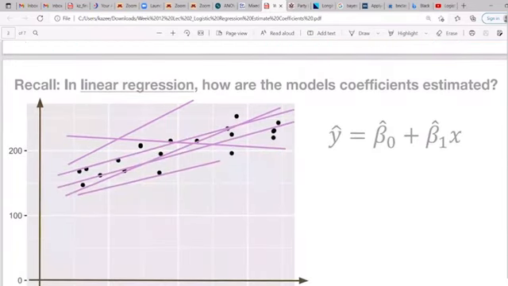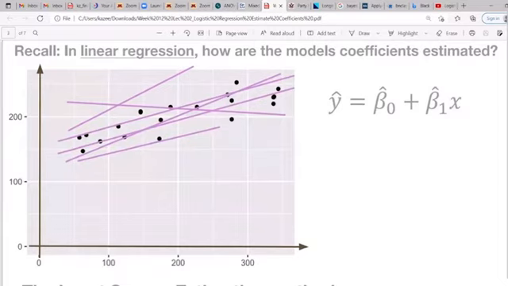I'm going to have a recap of what we normally do in the linear regression model, where we assume that the relationship between the response variable and the predictors is a straight line.